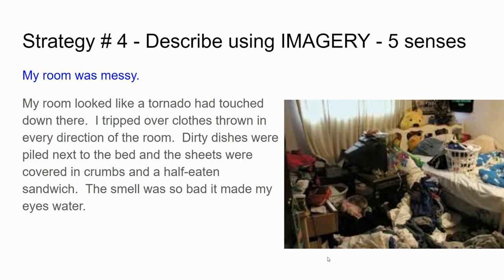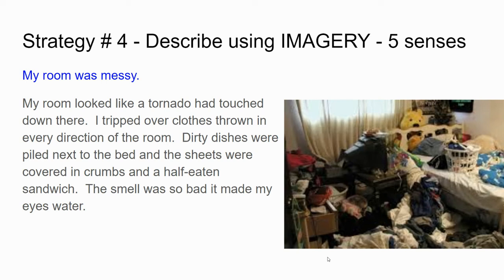So, first of all, we start off with our sense of sight, what the room looked like. Next one, I tripped over clothes. So that is your sense of touch because you're experiencing that feeling with your body. Dirty dishes were piled next to the bed. So that again is your sense of sight. And the sheets were covered in crumbs and a half-eaten sandwich.